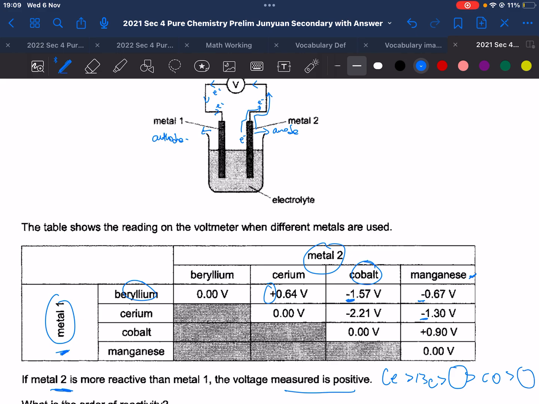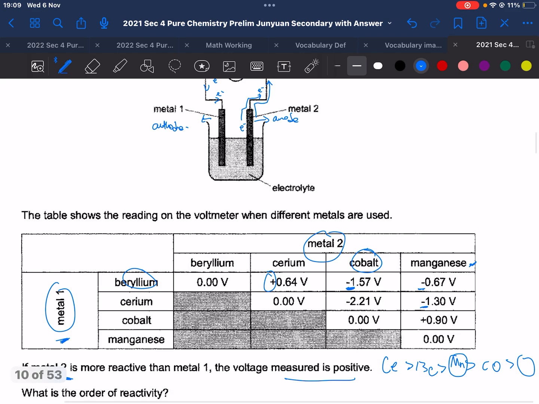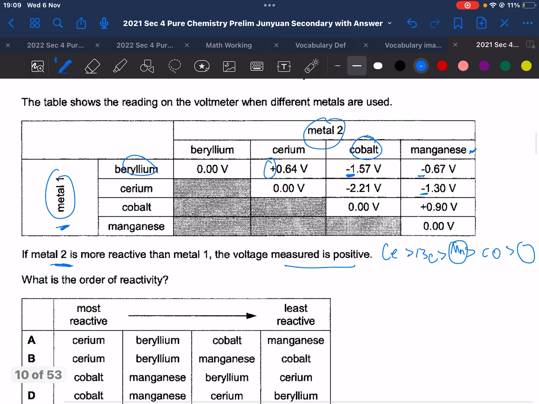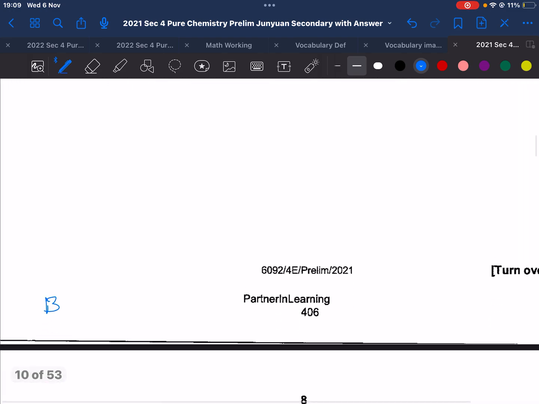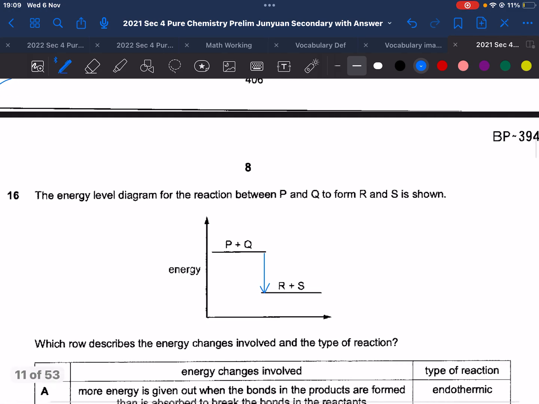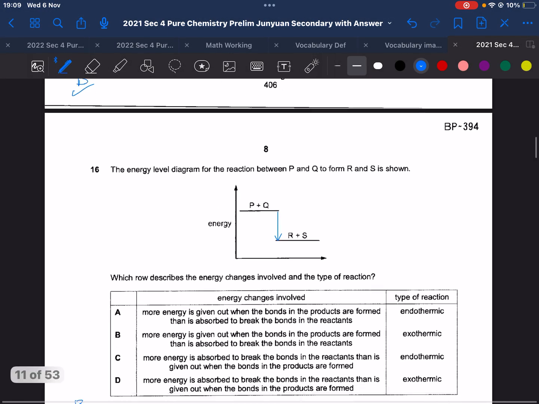Since this one is positive, it shows that manganese is more reactive than cobalt, so it will have to take this place. So the most reactive, we start with cerium, then beryllium, manganese, then cobalt. So it will be this. It should be P.